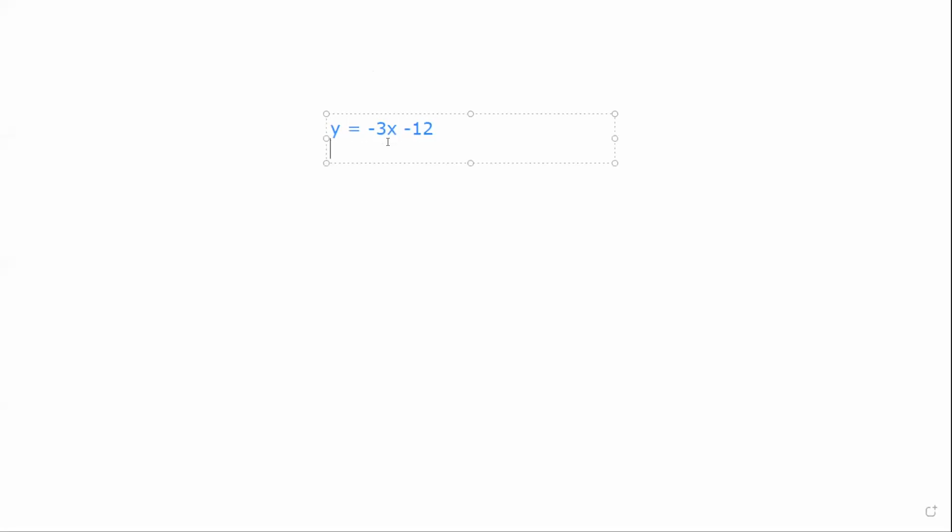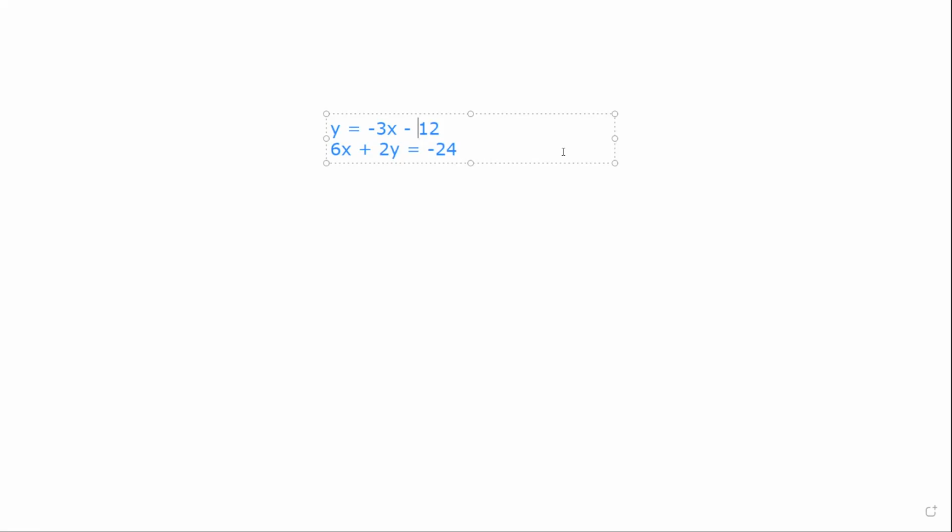Now, here's a second equation. That's in standard form. If this is a system, we got to consider both of these equations together.